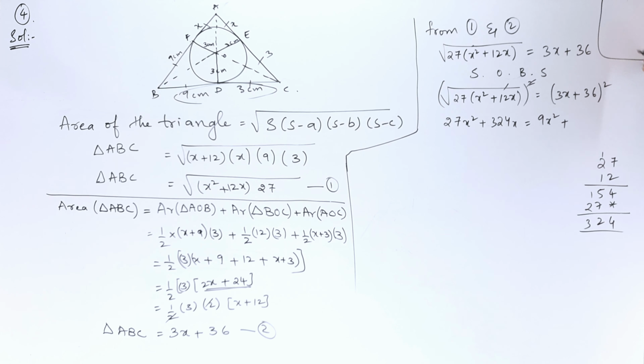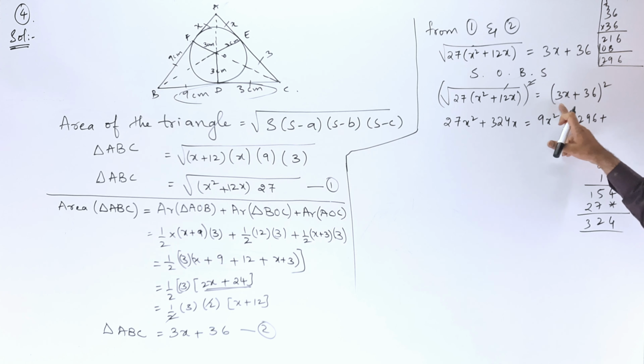Plus 2ab: 2 threes are 6, 6 into 36 is 216x.